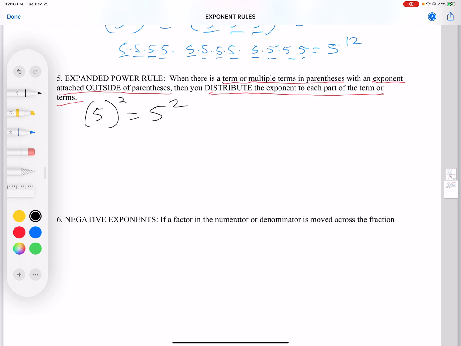At the same time, that's one term. If I have 2 different numbers in here, let's say I had 5 times 3, all squared, this now becomes 5 squared times 3 squared. Okay? Now I cannot use the product rule in this case because my bases are different. Notice my bases are 5 and 3. Okay? I cannot use the product rule in this case.